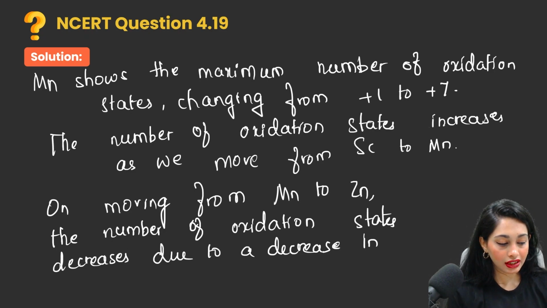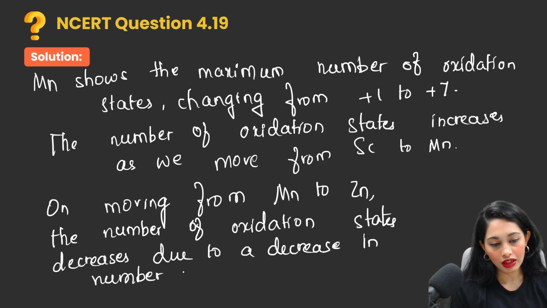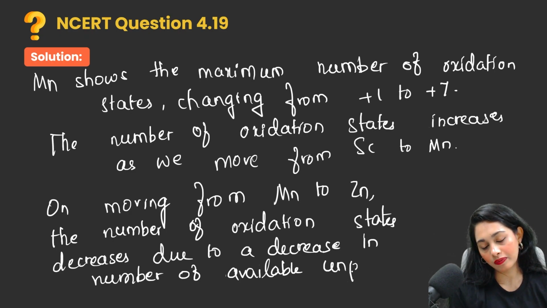Because there is a decrease in the number of available unpaired electrons.